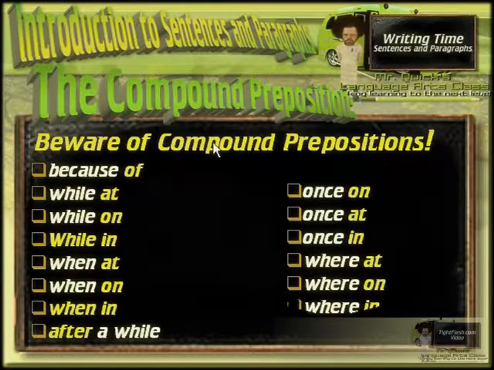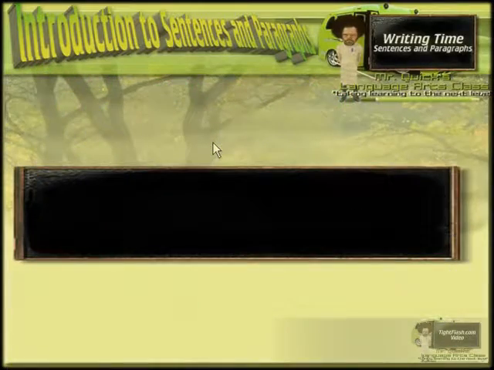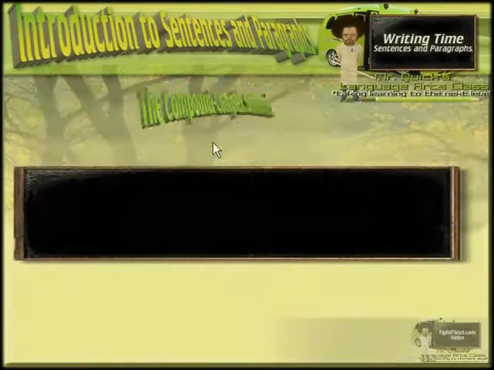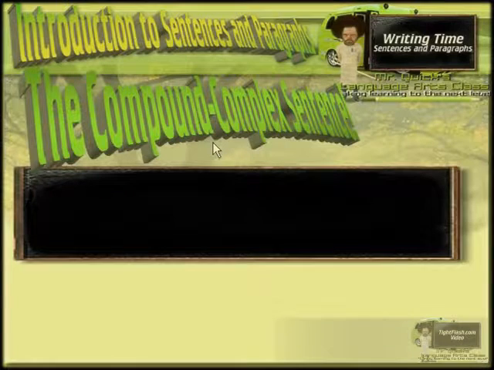It may be a good idea to get that whole idea of compound preposition down in your brain. That list is a nice list. It's not the whole list for sure, but it is a nice one to know, and you can get that in the SCORM. Now for what we want to talk about, the next type of sentence. But I'm going to pause here, and I'm going to allow you to digest the complex sentence a bit and do whatever you need to do with your notes.